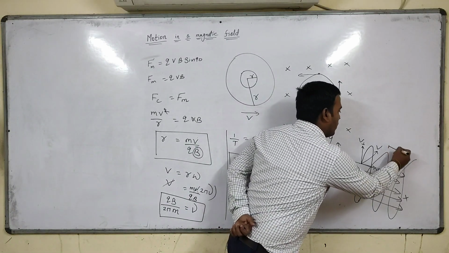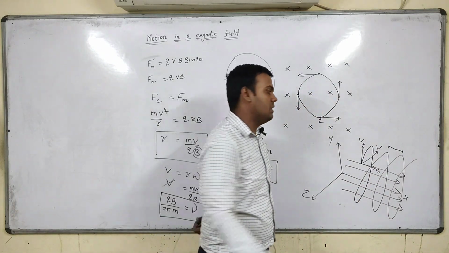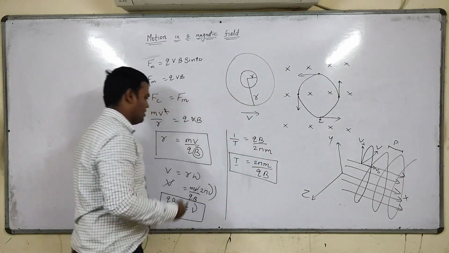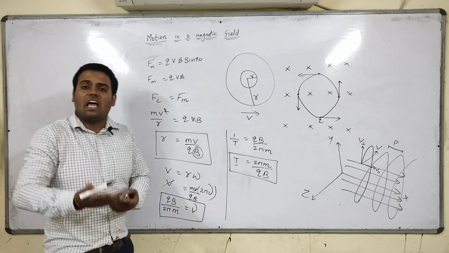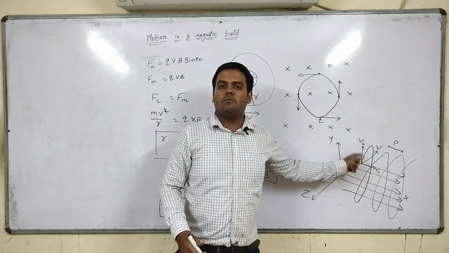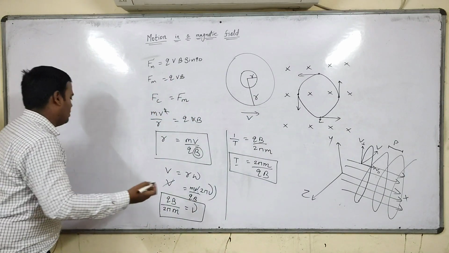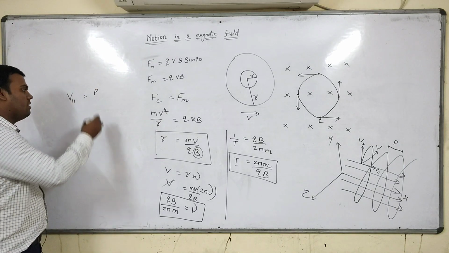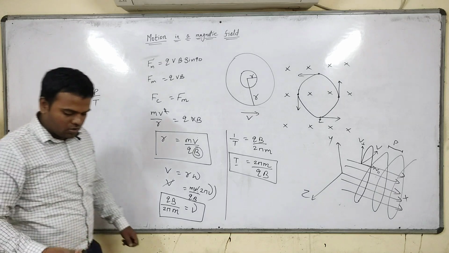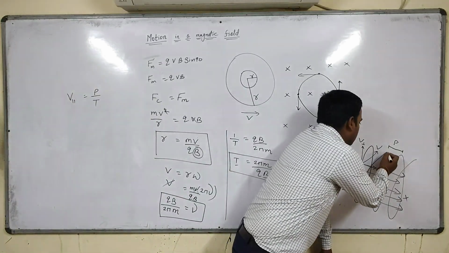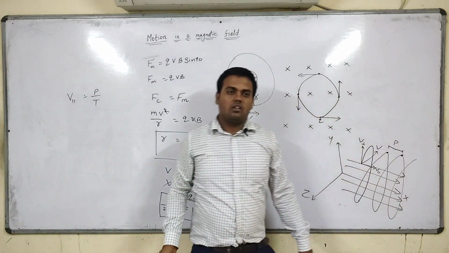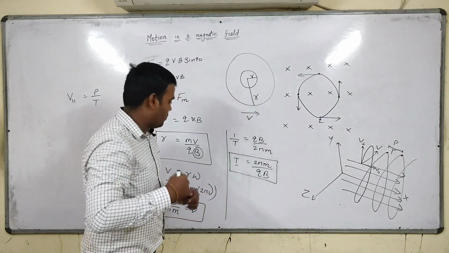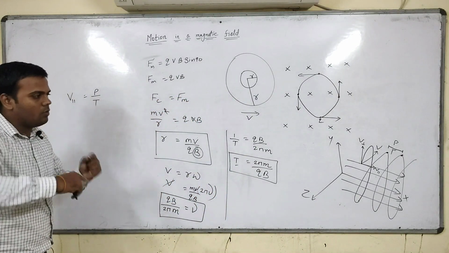And here one important quantity is known as the pitch, which is the distance between two peaks. The pitch is a distance that arises due to the parallel component of velocity. As you know, velocity is distance upon time. Here the distance is the pitch and the time is T, because from this peak to this peak it takes time T, which is the time period, the time taken to revolve one time.